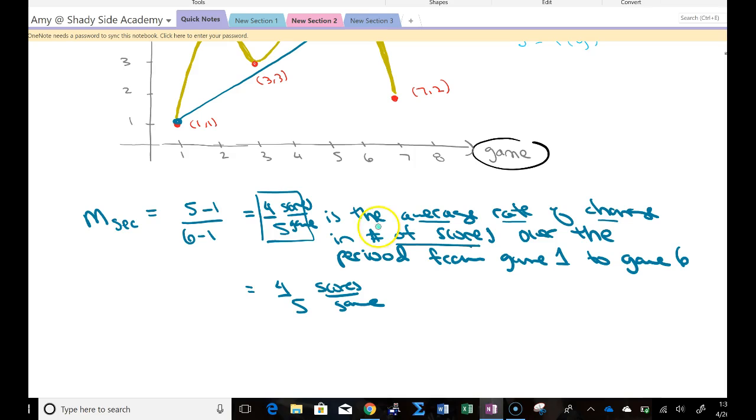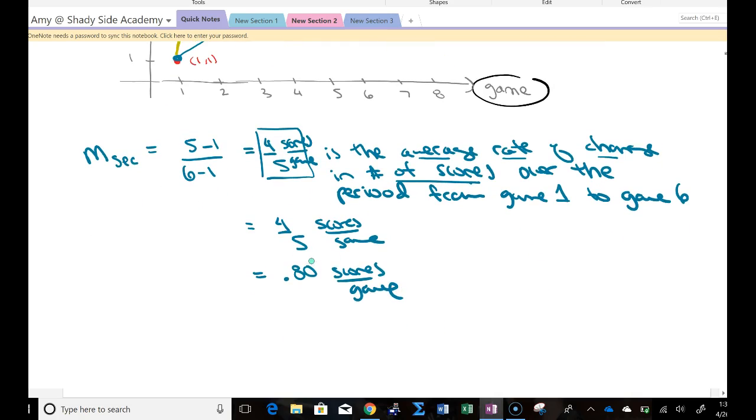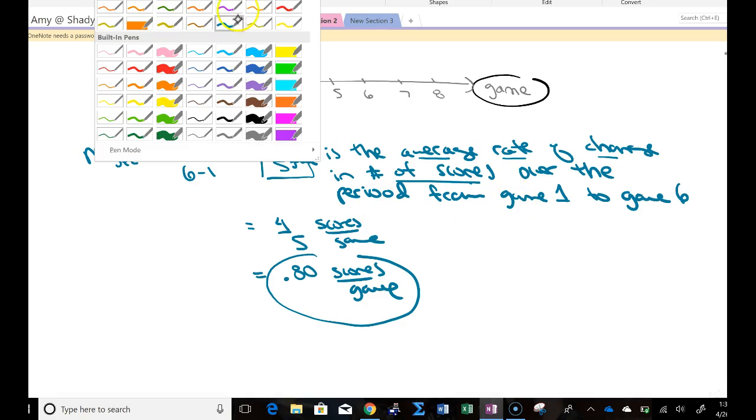And what this means, this is a little bit clumsy rolling off the tongue, but 4/5 scores per game, or to make this even more friendly, 0.80 goals per game. Okay? What this number means, to write the sentence out in a way that's a little bit less clumsy, is to write this.